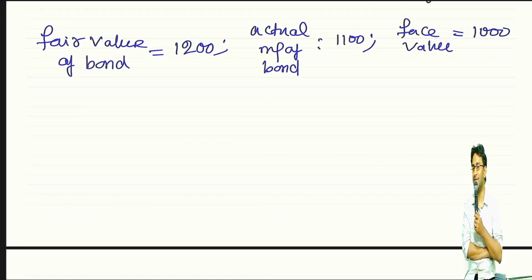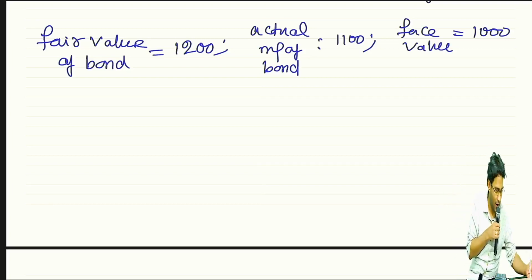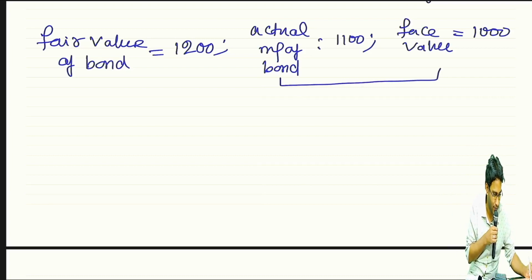Sir, par, premium, discount, you need not come to a final decision. In IPCC, shares are issued at par, at premium, at discount. Bonds are also issued at par, premium, discount. You know this concept already. Now how will you know? By comparing what and what? Market price and face value. So the bond is trading at premium.